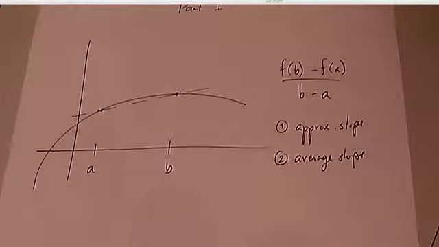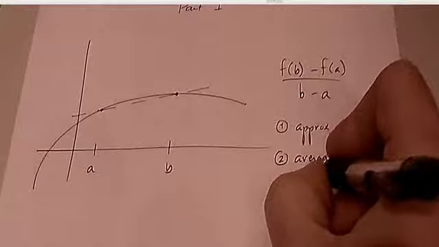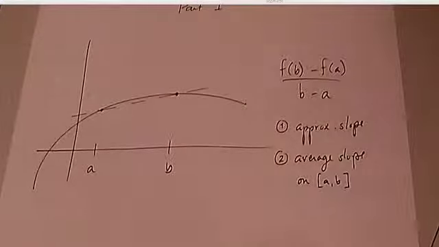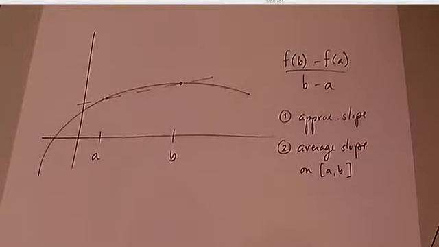So it's the average slope on AB. Now that winds up being pretty significant.